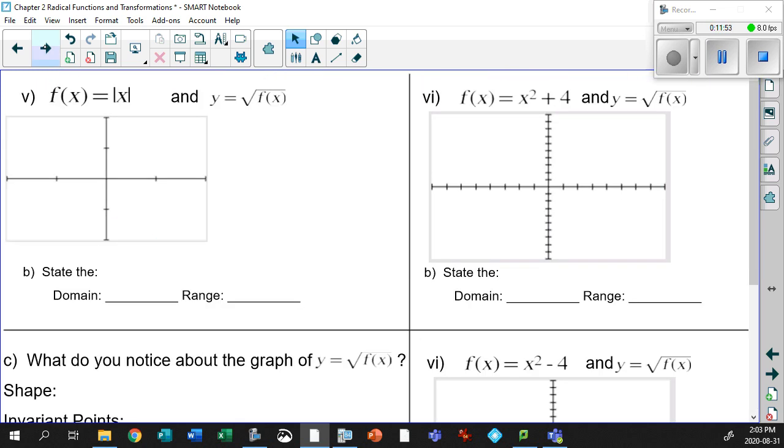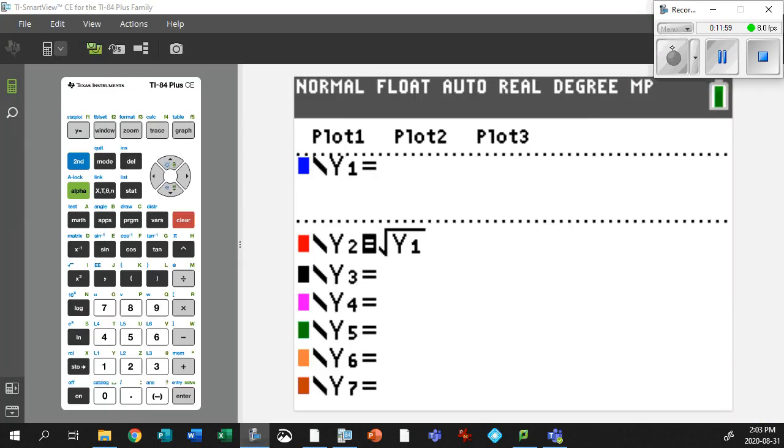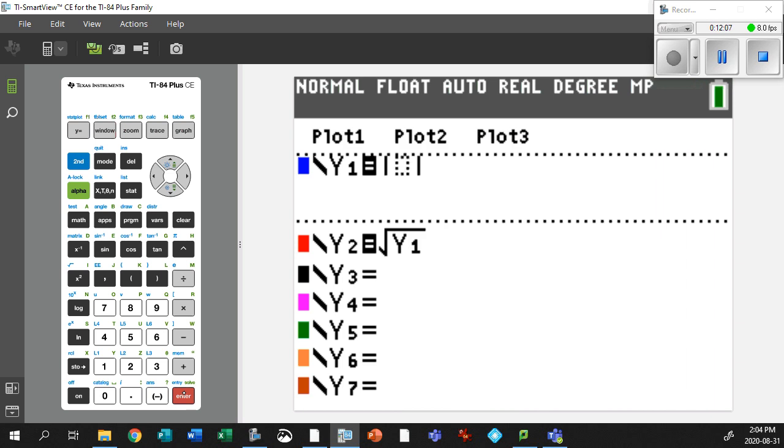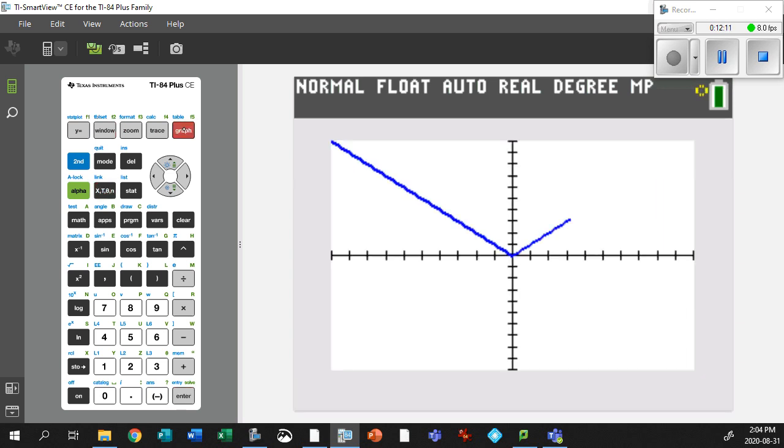How about absolute value? That should be pretty cool. Well, let's do the same thing. Go into our calculator here. If you remember how to do absolute value, you hit alpha and then F2 here. Absolute value shows up right away. Boom. And then just put absolute value of x. Let's graph it. Here we go. Boom. Oh, neat. Same thing happens again.